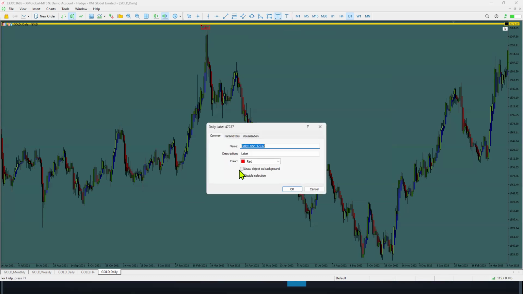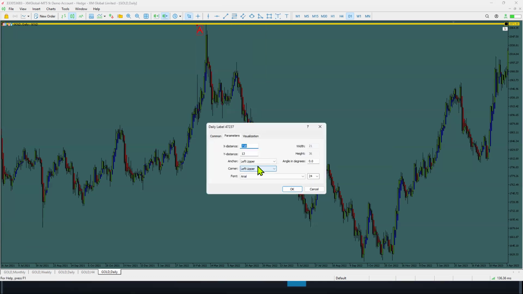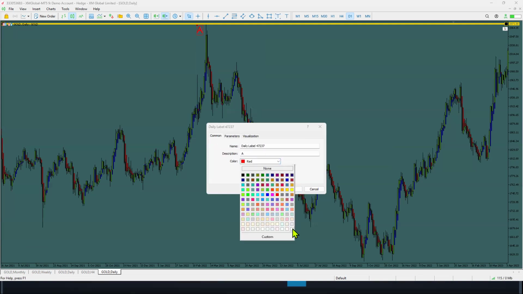I say this place is A. So let's say area 24. Okay, so say this is A. I'll change the color to white.